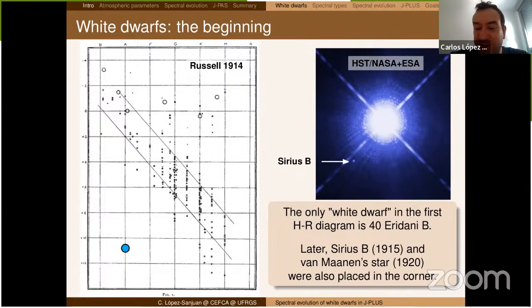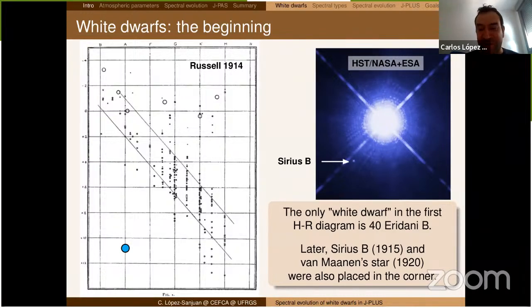And 5 years later, Van Maanen's star was also placed there. Van Maanen's star was important because it was an isolated object, so no issues about a bright component. When we have 3 objects in the same place, probably it's not a mistake and it's a new population.